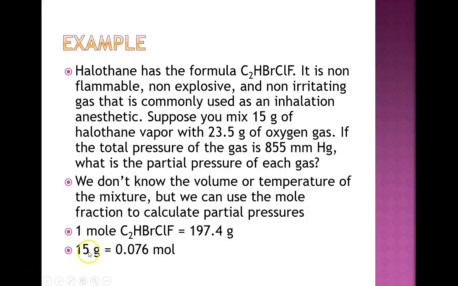That's taken by dividing 15 by 197.4. So the number of moles of the first gas, halothane, in this mixture is 0.076. Now, 1 mole of oxygen we know is 32 grams. And 23.5 grams when divided by 32 gives us 0.734 moles of oxygen.